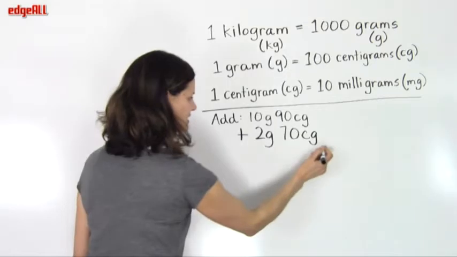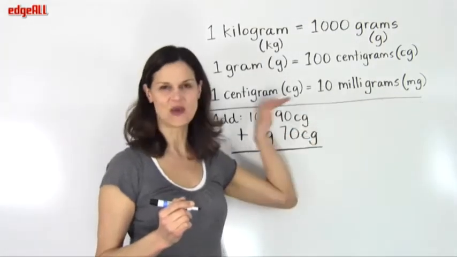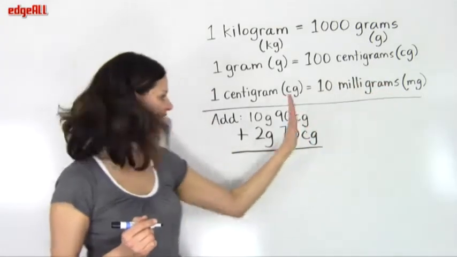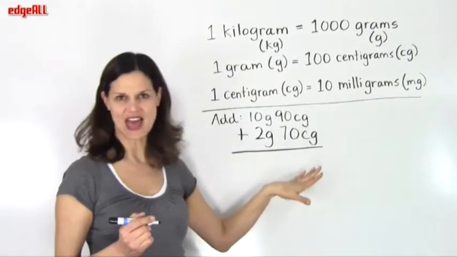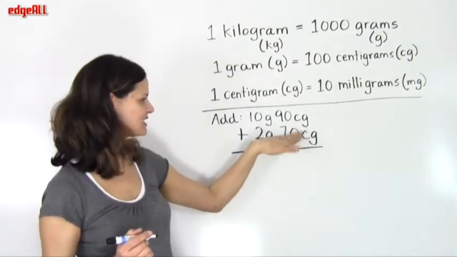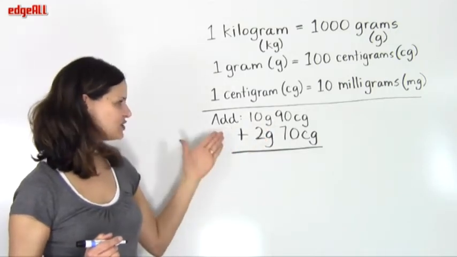So you can see that it's the same problem that we had written horizontally, but we've lined them up vertically, and we've put like units together: centigrams under centigrams and grams under grams. Now we do the addition.